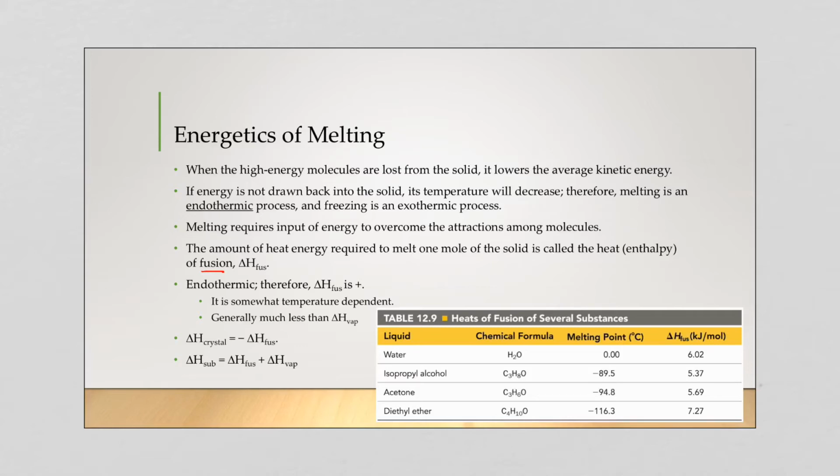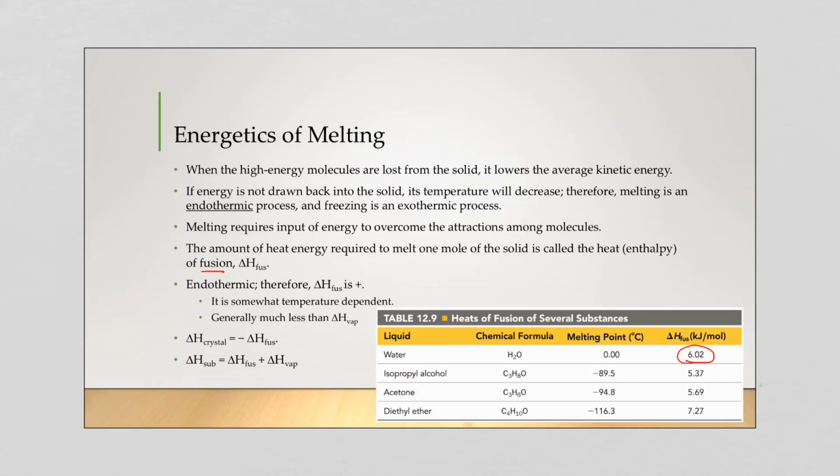And you can see from our table here that the heat of fusion for water is about 6 kilojoules. Remember, the heat of vaporization was about 40 kilojoules, so quite a bit less. Now, the delta H of crystallization or freezing is, again, the opposite of the delta H of fusion.